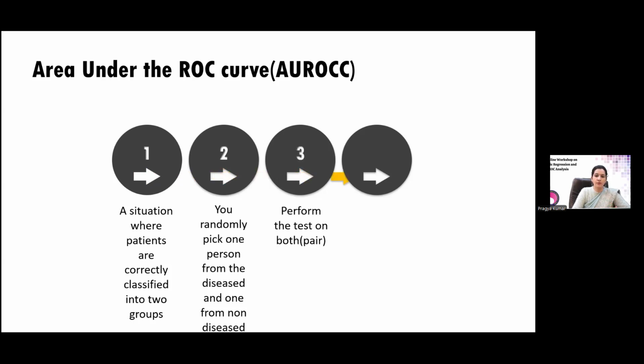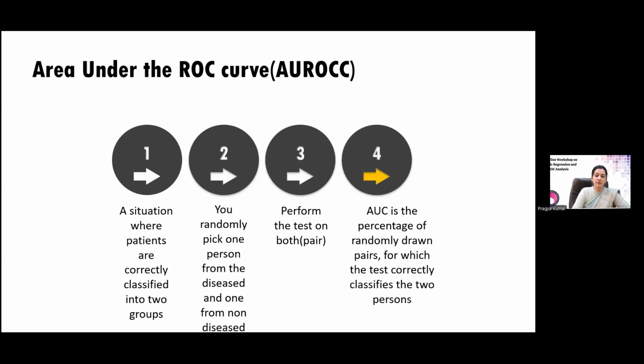So what is AUC? AUC is the percentage of randomly drawn pairs. If you select 100 such pairs, and the area under the curve is 0.7, that means 70% of those 100 randomly chosen pairs.